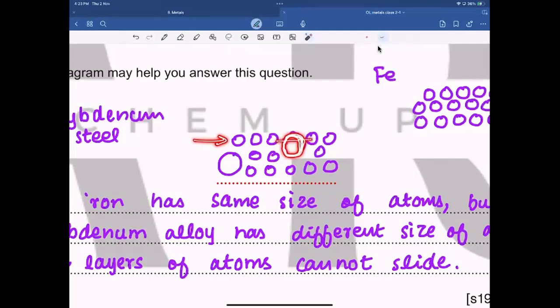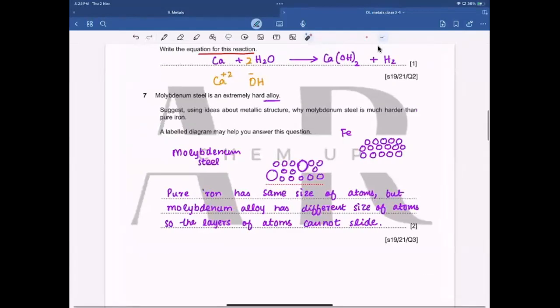So this atom cannot be slid because these atoms are not experiencing any force, right? It will not let others pass. So these atoms do not let this one slide, and that makes alloys harder than metals. Is this clear?